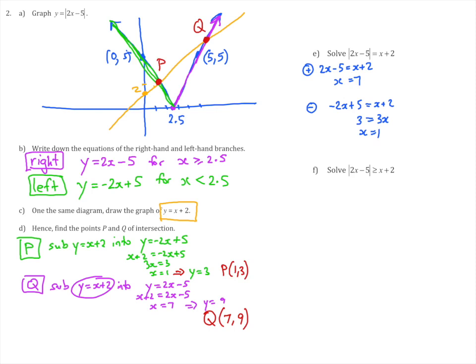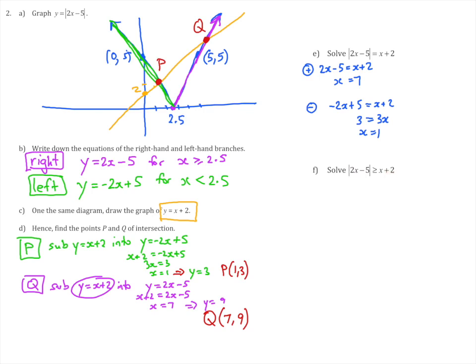Now, part F says solve where the absolute value of 2x take 5 is bigger than or equal to x plus 2. If I look at the graph, it's saying where is your absolute value graph above the line y equals x plus 2. Well, I can see where it's above. It's above in these positions here. The absolute value graph has to be above my other graph.